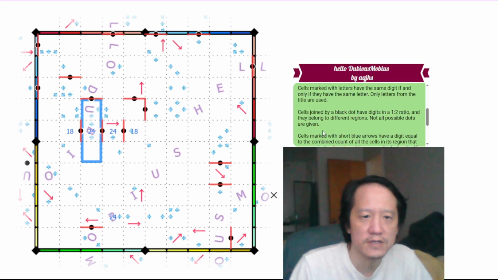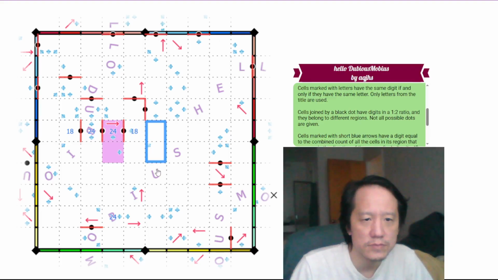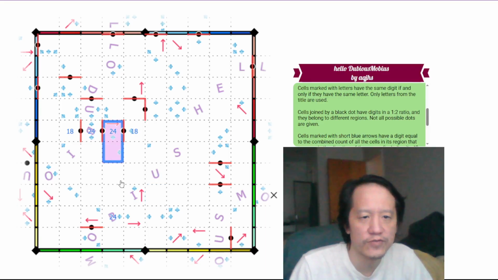That's in the same region. This is 2 or 4 that it sees this way in the same region. So these must be the same region here. And it sees 2 or 4. This sees 2 or 4 in the same region.